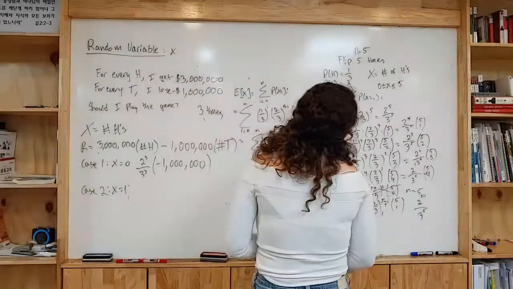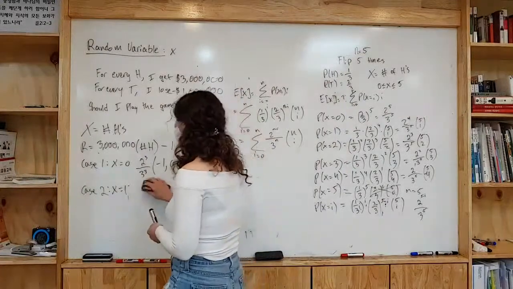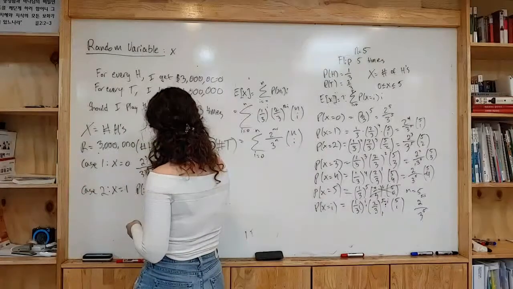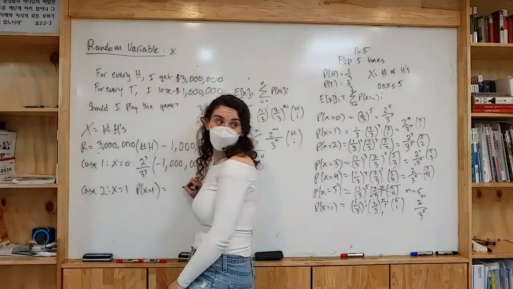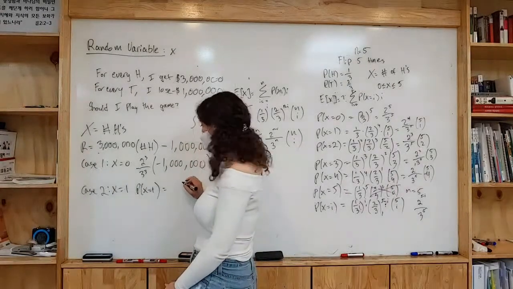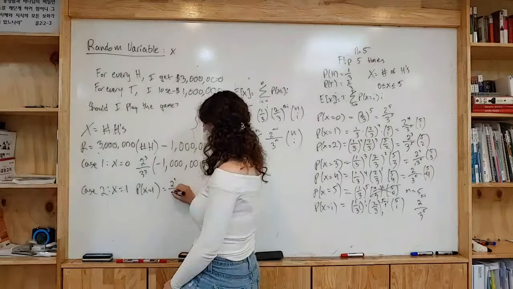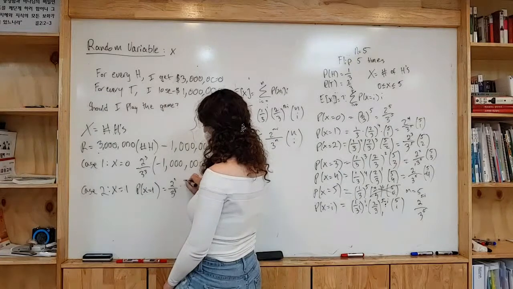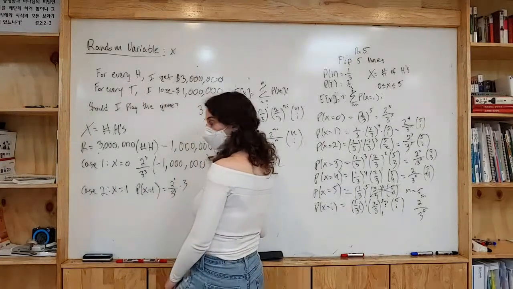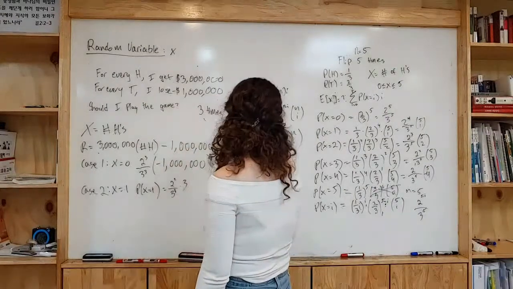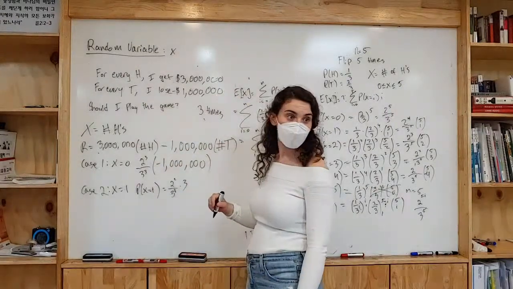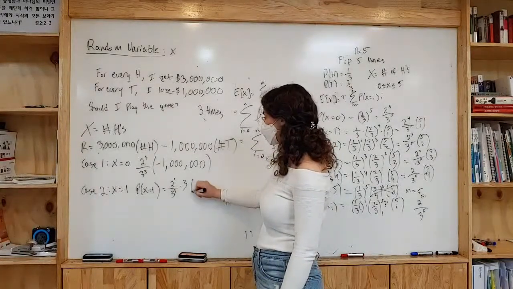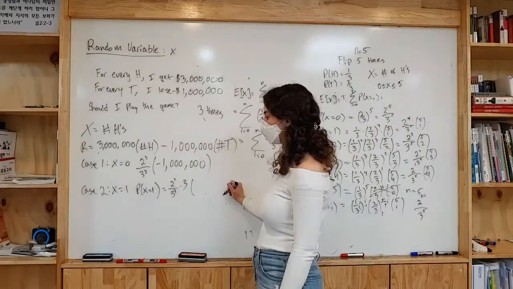Okay, because here's the thing. What's the probability that this event occurs, that x equals 1? P of x equals 1. Well, what is P of x equals 1? P of x equals 1 is 2 squared over 3 cubed times 3. Yes. So what is your expected return?